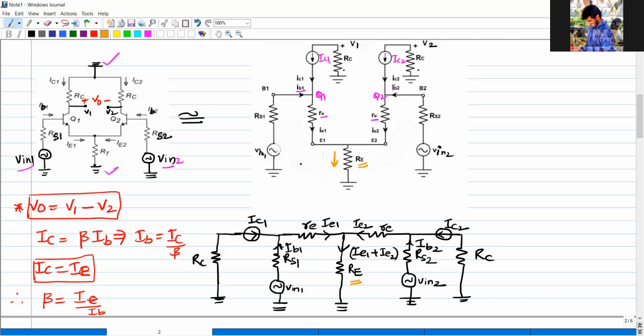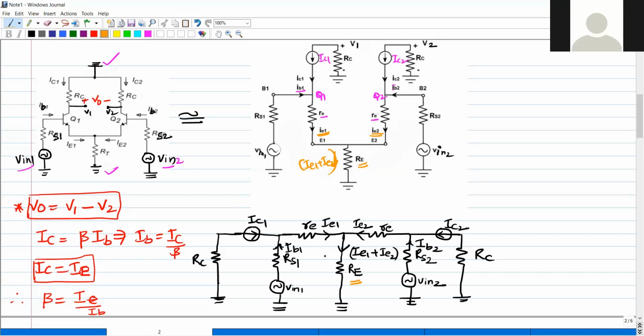What is the current name here? IE1. What is the current name here? IE2. Both the currents are entering through this resistor. The current flowing through RE is IE1 plus IE2. Is it right?